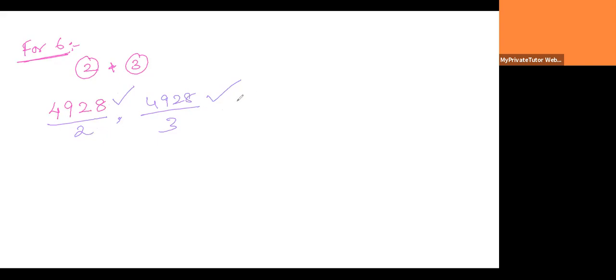Is it divisible by 3? What does the rule for 3 say? We just need to add the digits and check. So what is 4 plus 9 plus 2 plus 8? 4 plus 9 is 13, 15, and 23. So 23 is not divisible by 3.